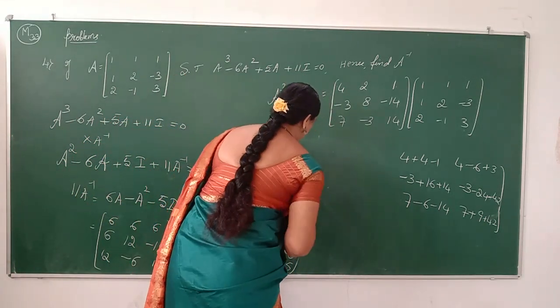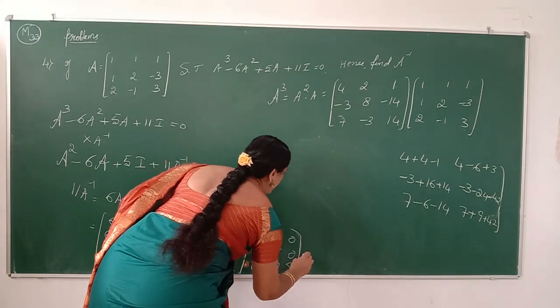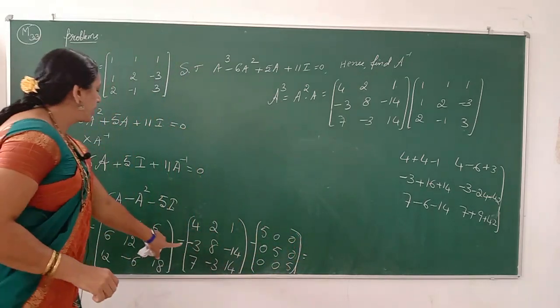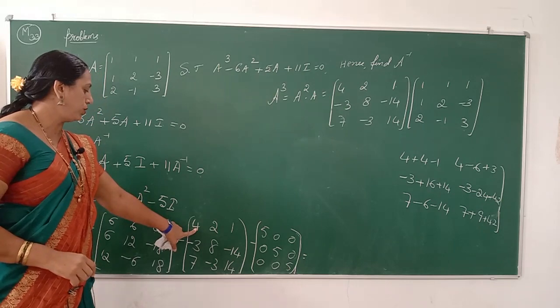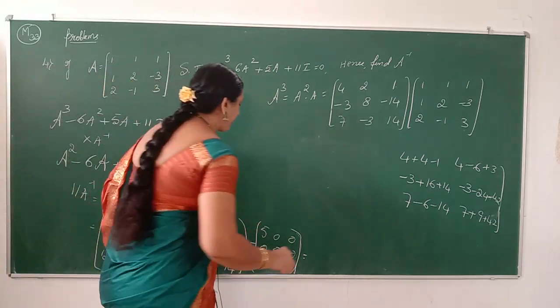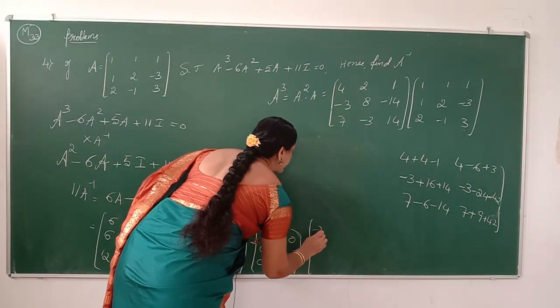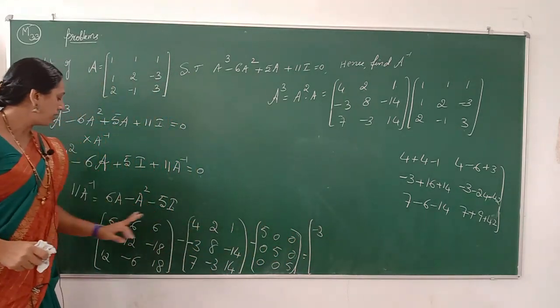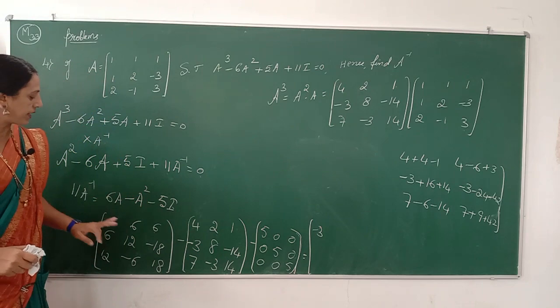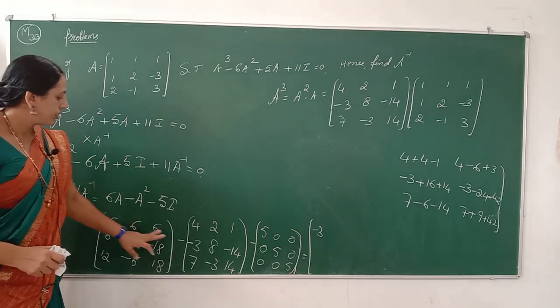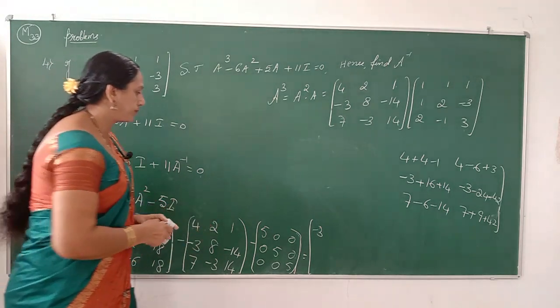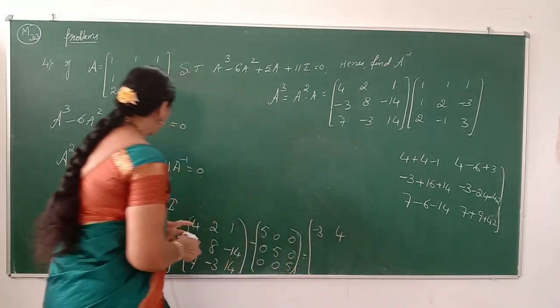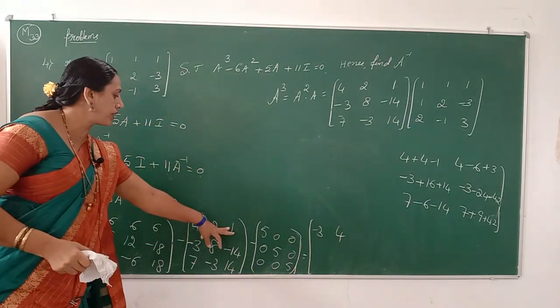Now the first elements are 6, 6 minus 4 is 2, 2 minus 5 is minus 3. Otherwise, minus 5 minus 4 is minus 9, minus 9 plus 6 is minus 3. Second element 6 minus 2 is 4. Third element 6 minus 1 is 5.